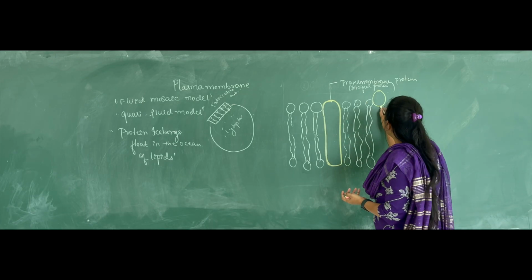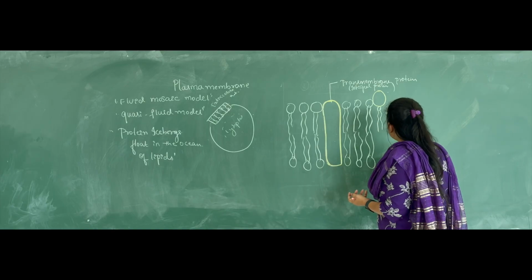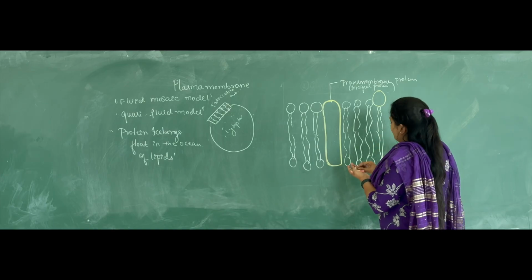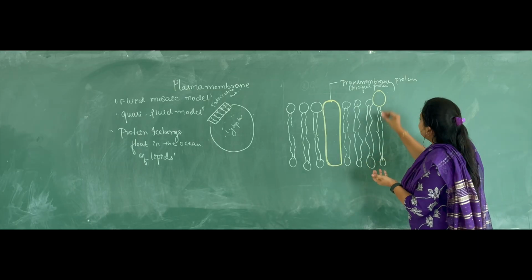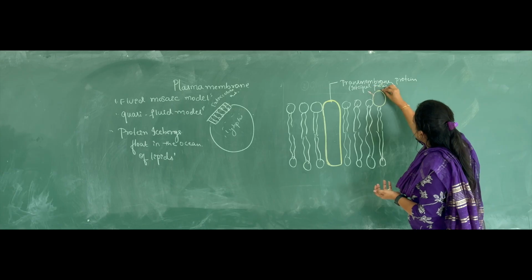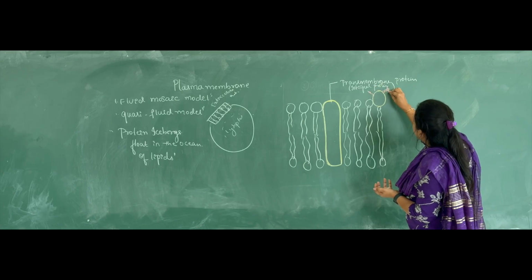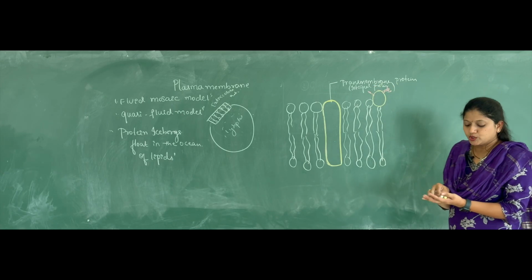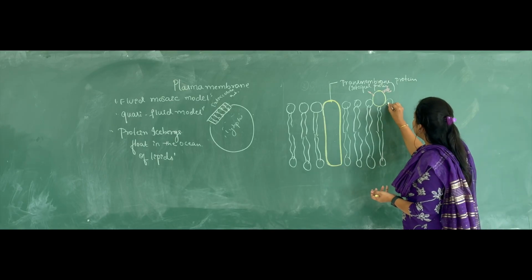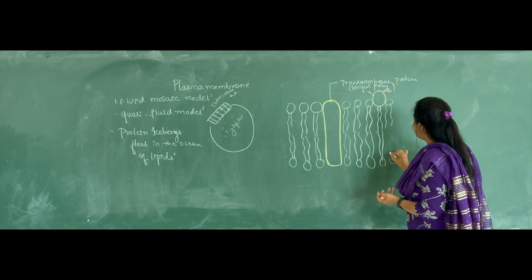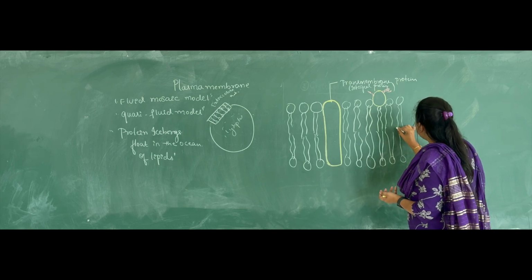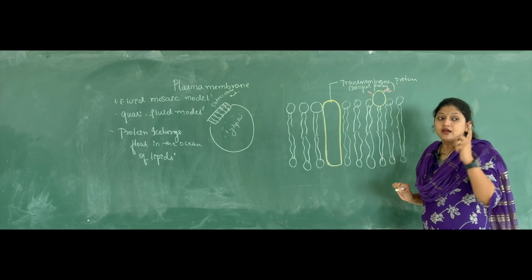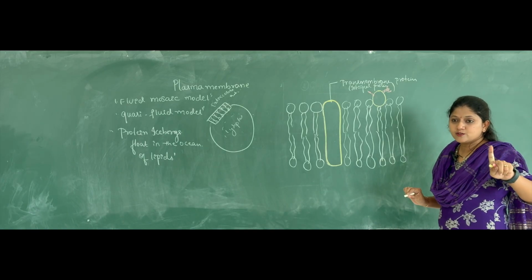Okay, they are attached to the outer layers like this, and most of the time these extrinsic proteins are attached to the sugar molecules like this. They are attached to the sugar molecules. So these proteins are called extrinsic proteins, and the ones which are completely embedded inside are called intrinsic proteins. We also have one more type of intrinsic protein, right?